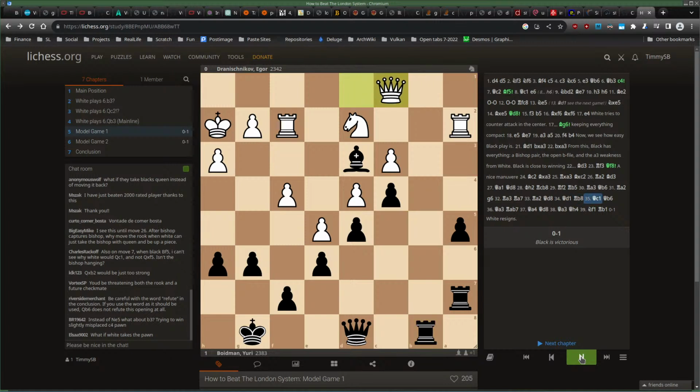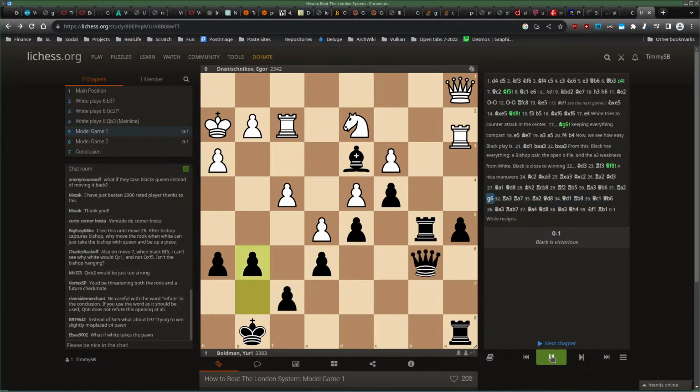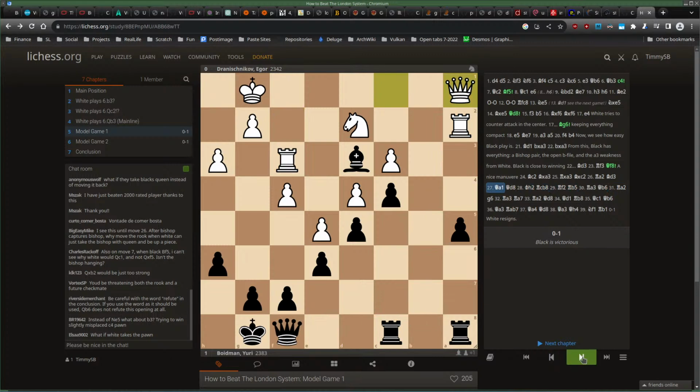Okay, this is something I don't get here. Protect the pawn. Take the open file. Go in front of the rook.